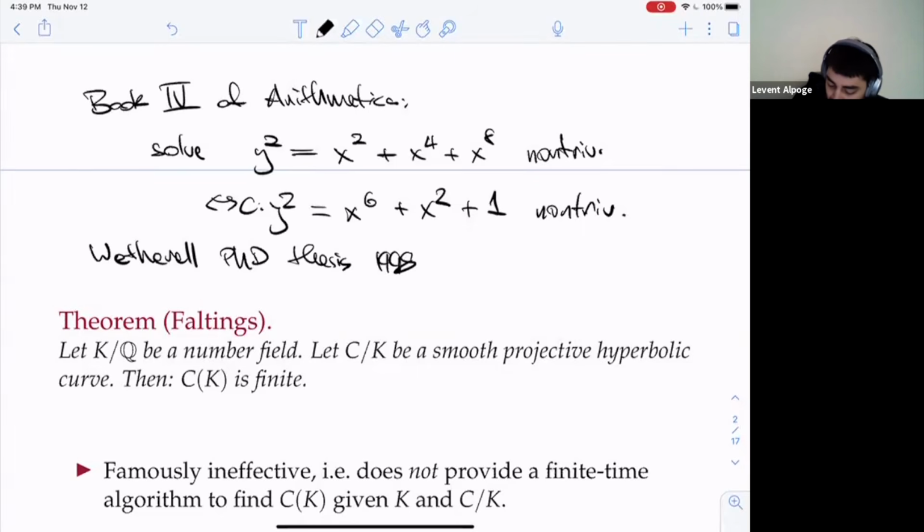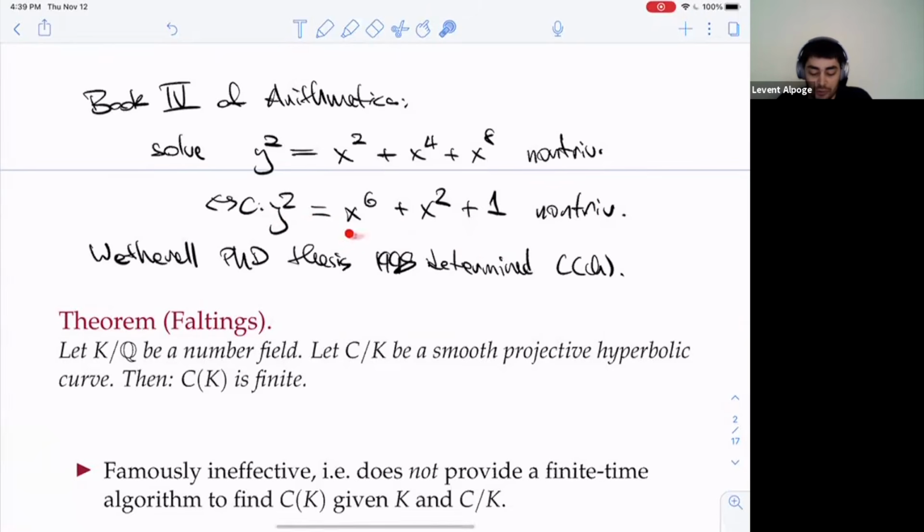Wetherell's PhD thesis in 1998 determined C of Q. And it turns out that a little exercise in plugging in numbers will have you find the non-trivial solution. And that non-trivial solution is the only one, up to, of course, switching x with minus x and y with minus y.